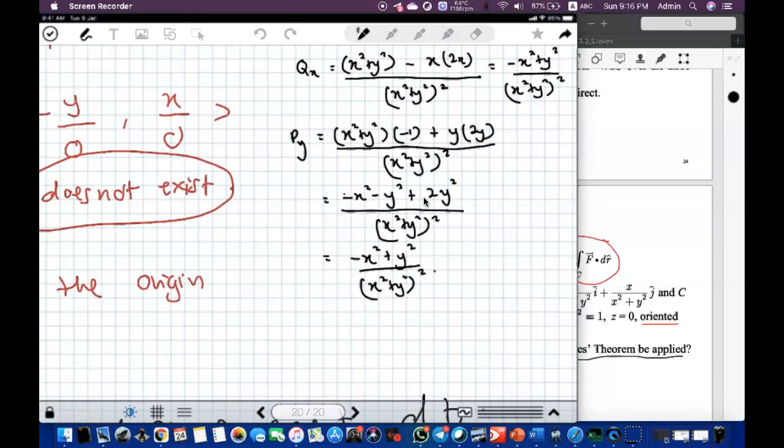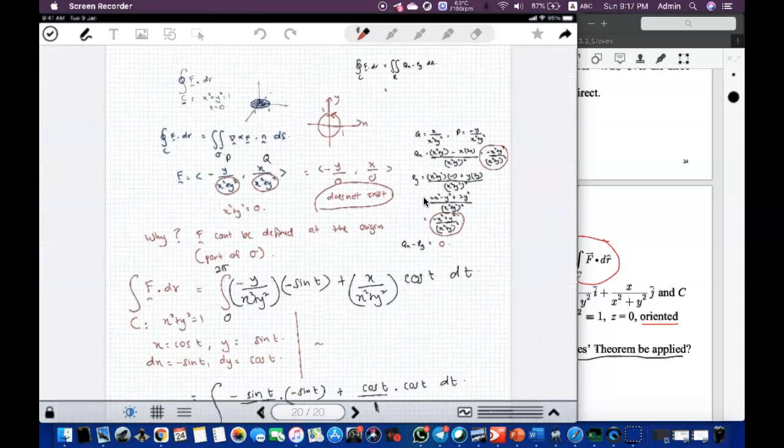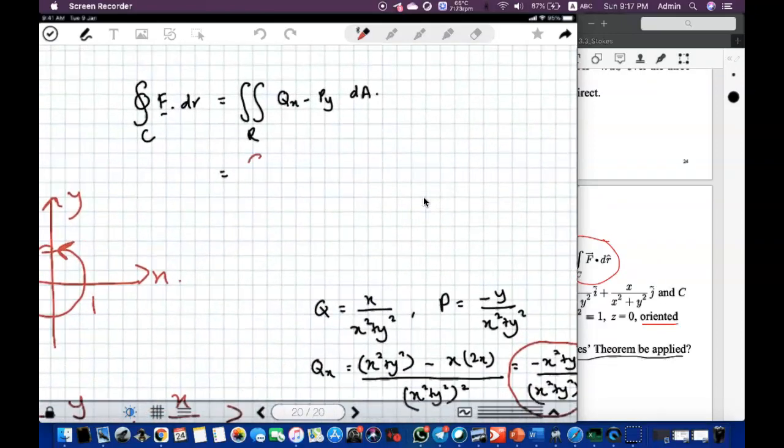So if you have Qx minus Py, look at your result here. This one and this one, they are the same, right? And the answer is 0. So if you substitute Qx minus Py, the integrand is 0 dA, and the answer is 0.